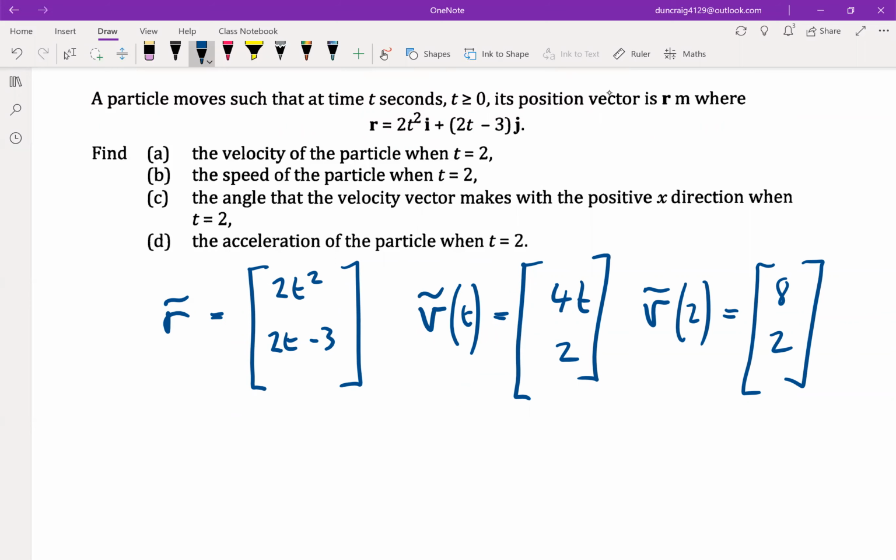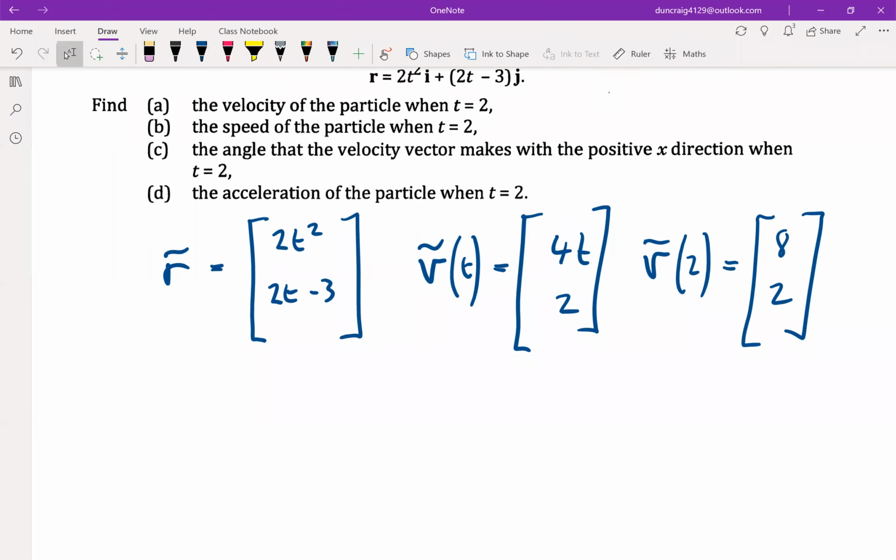Find the speed of the particle when t is equal to 2. Well, speed is a scalar amount as opposed to velocity, which is a vector amount. So speed is equal to the magnitude of the velocity at t equals 2.